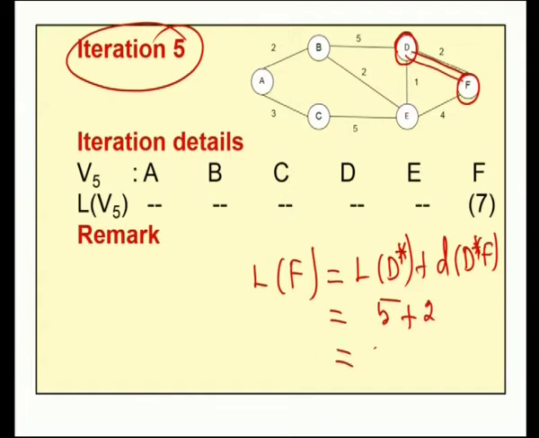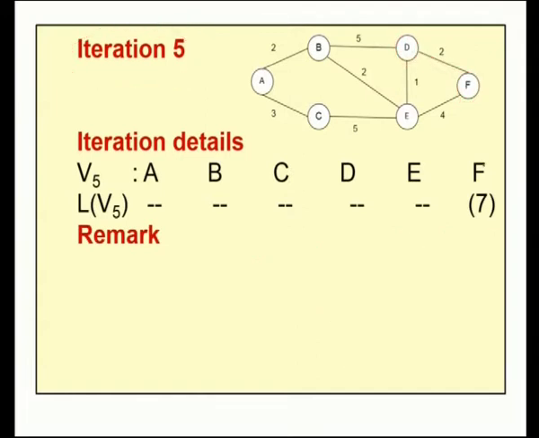Therefore, L of F is 7. For the final node F, our labeling value is 7. Since only the node F is adjacent to D, in this iteration 5, the node F has a permanent labeling 7.